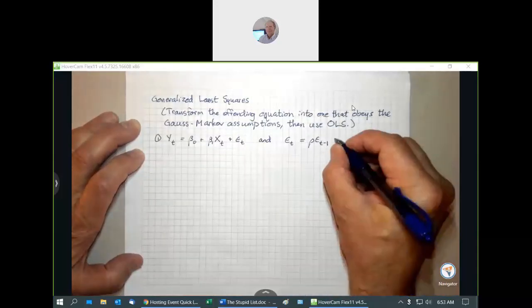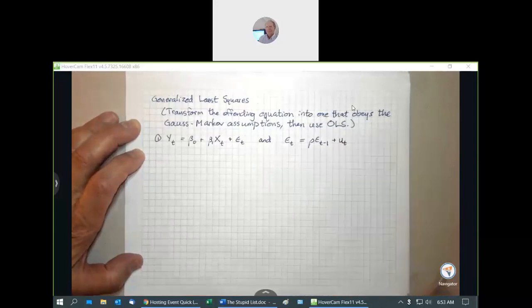And then there's also a u_t on the end, where u_t is one of those nice classical error terms that obeys all the Gauss-Markov assumptions.